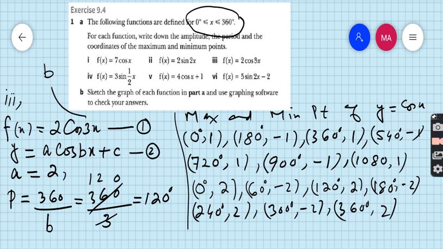Next, part B. It's a time to draw the graph.